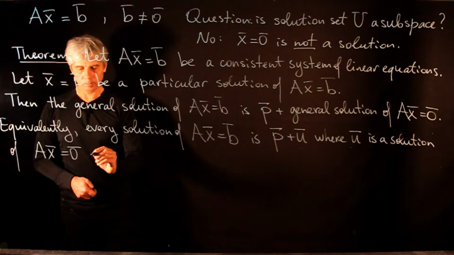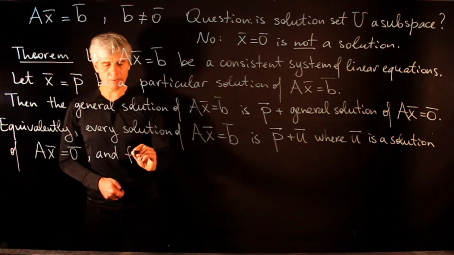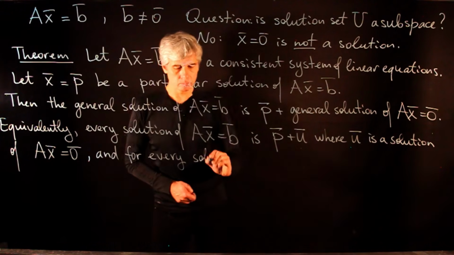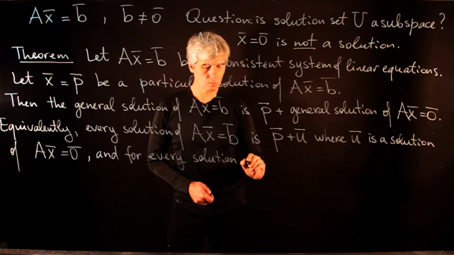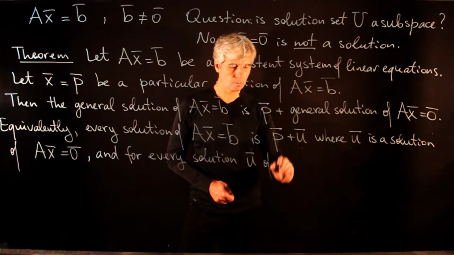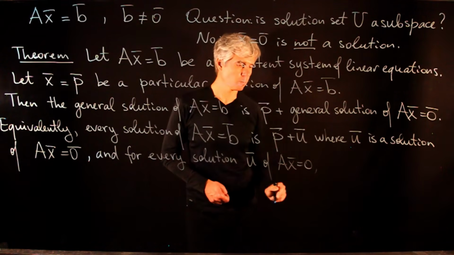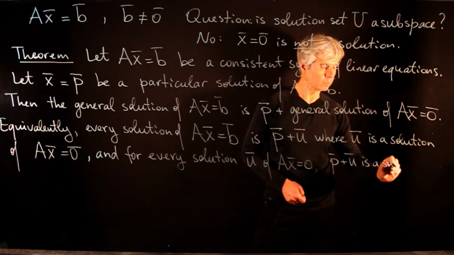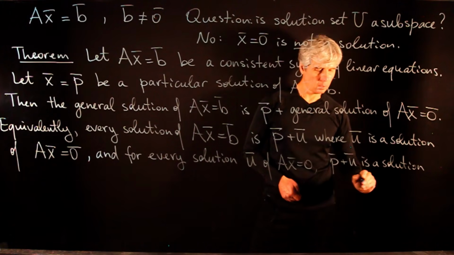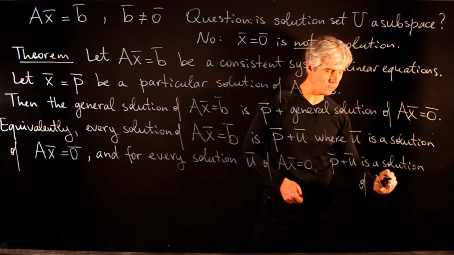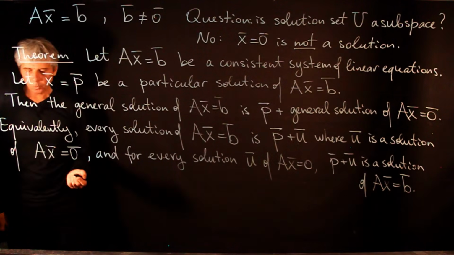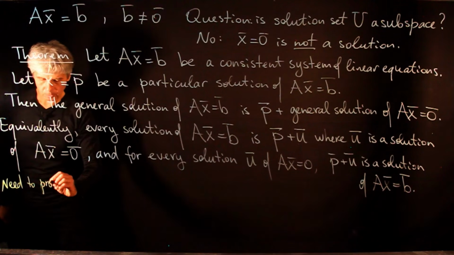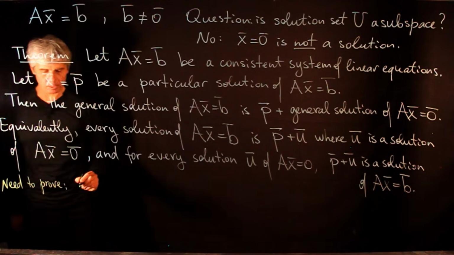And for every solution U of AX equals 0, this P plus U is a solution of AX equals B. What do we need to prove here? We need to prove two things.